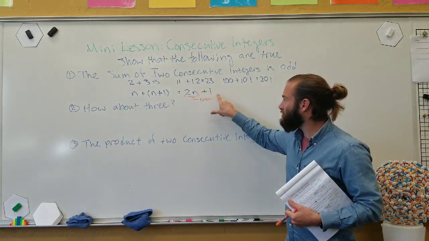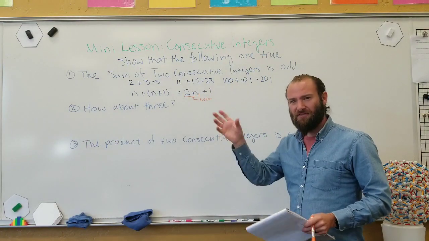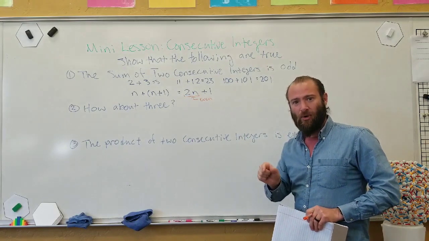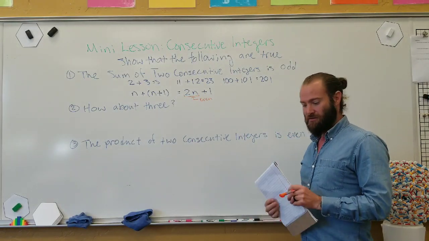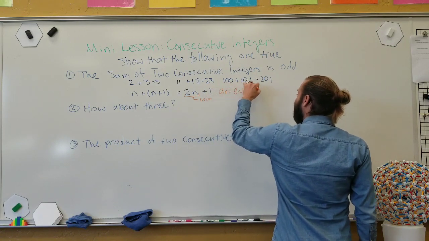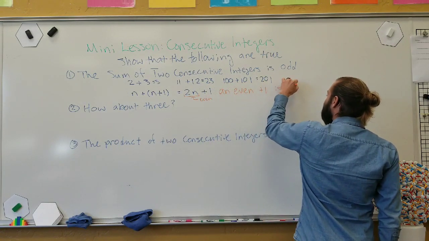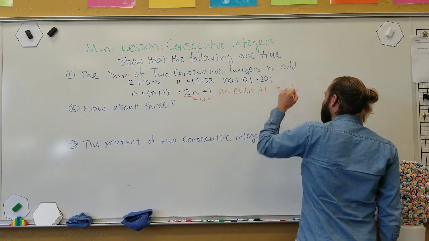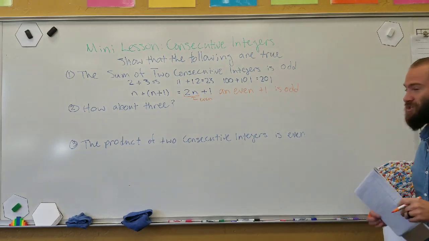Well, if I have an even thing plus 1, don't you agree that if I'm at an even number and I go up one, that's always odd? Okay? So an even plus 1 is odd. And there we go. I've proven it. I've shown that that's true.